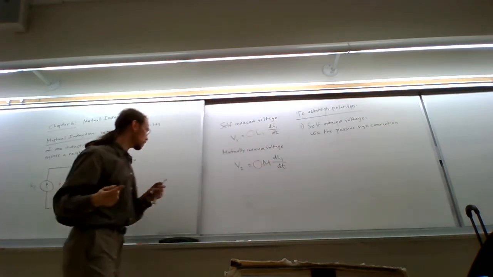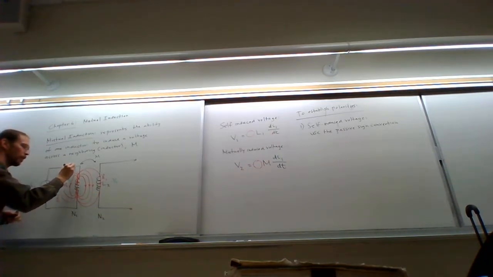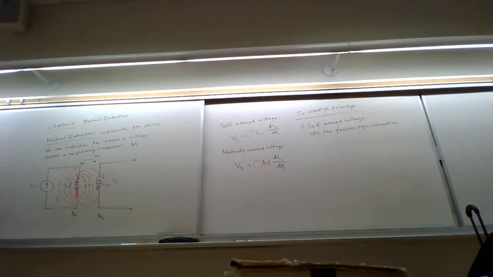Which means immediately over here, when I take a look at the voltage polarity across this inductor, what direction is my current flowing in through that inductor? From top to bottom, which means that this voltage polarity has to have plus up top, minus on bottom. So for the self-induced term, we will always use the passive sign convention to establish this polarity.